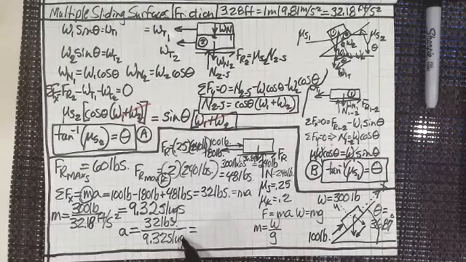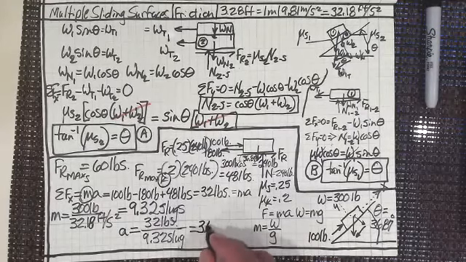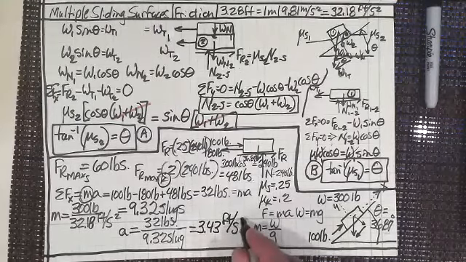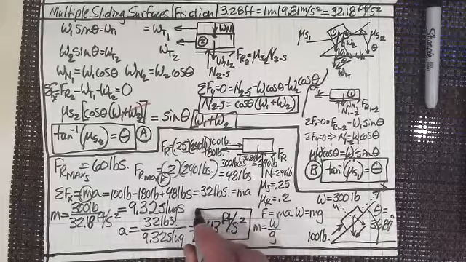Because pounds divided by slugs should give us feet per second squared. And I get 3.43 feet per second squared. That's our acceleration of that package.